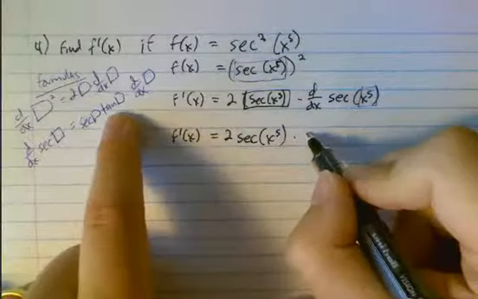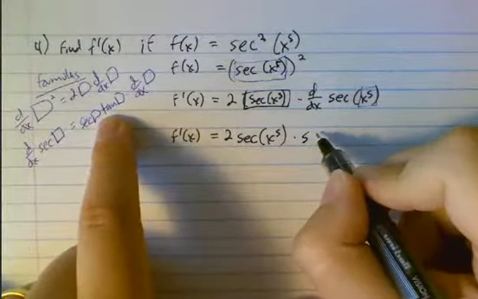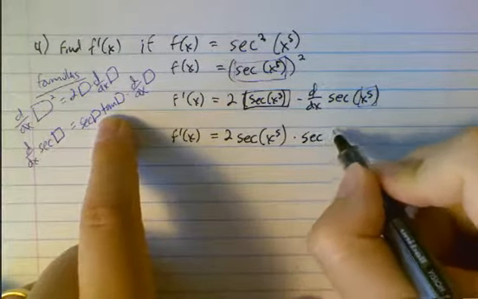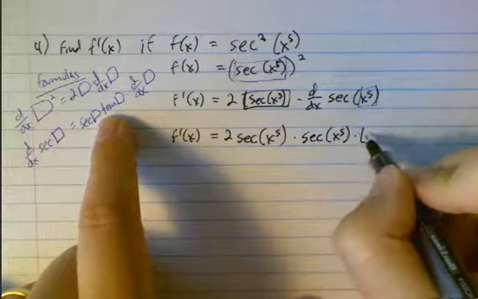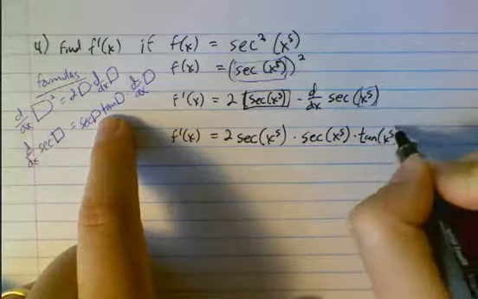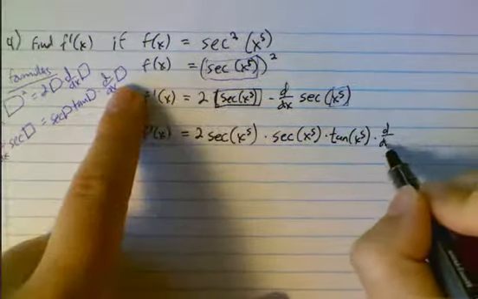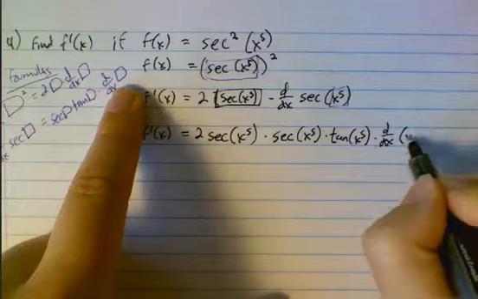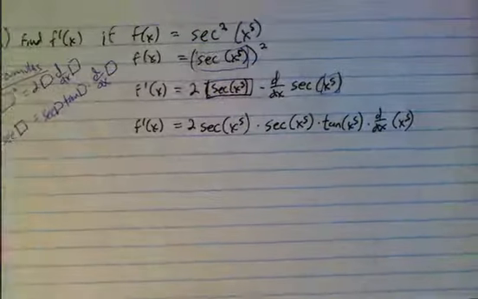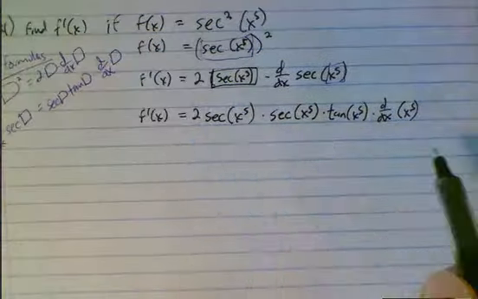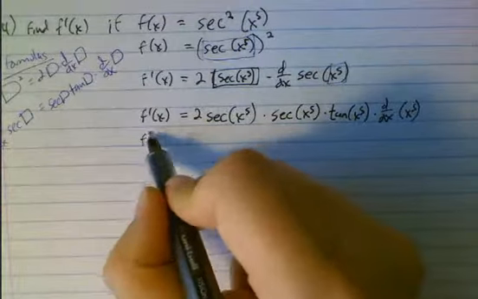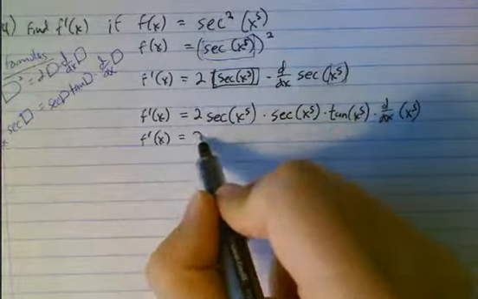So the derivative of secant box is secant box tangent box times the derivative of the box. Because it's so easy to lose these pieces, I recommend bringing them all down.